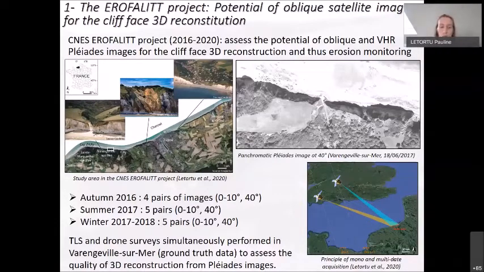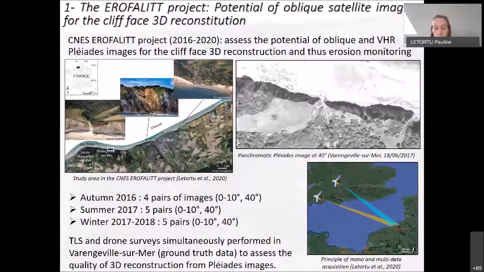We acquired 14 pairs of images in less than 3 years, according to mono and multi-date acquisitions, simultaneously to satellite acquisition.